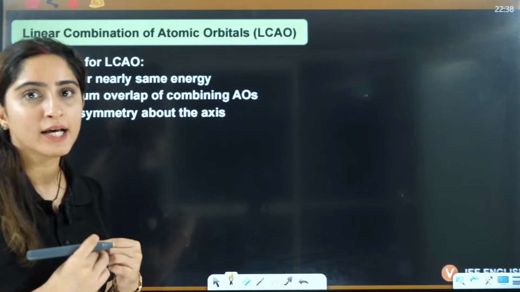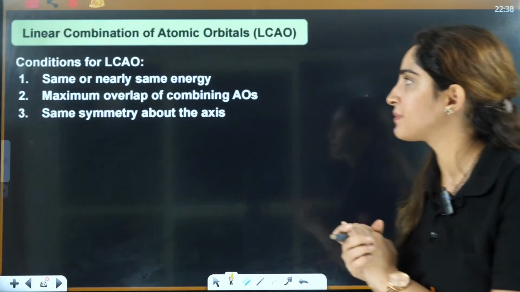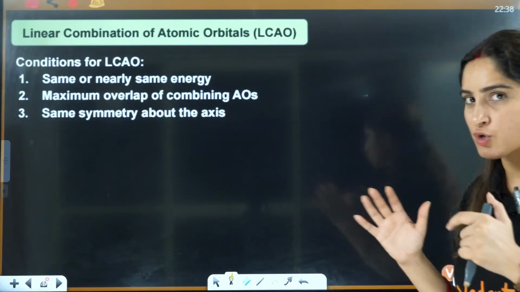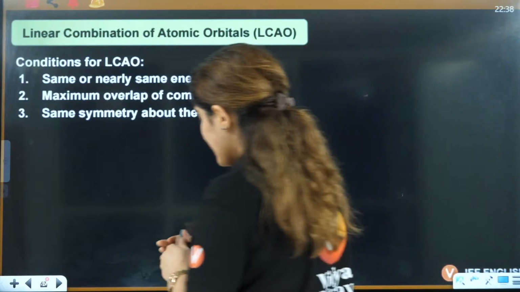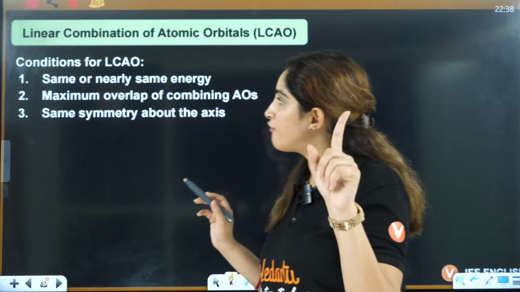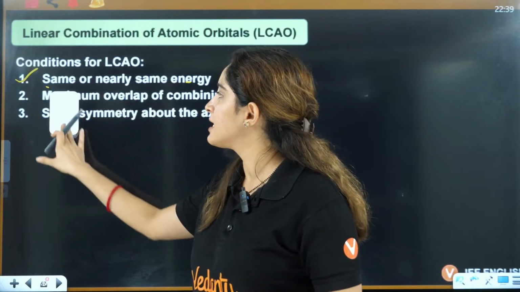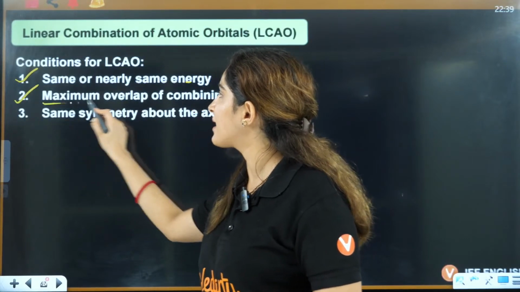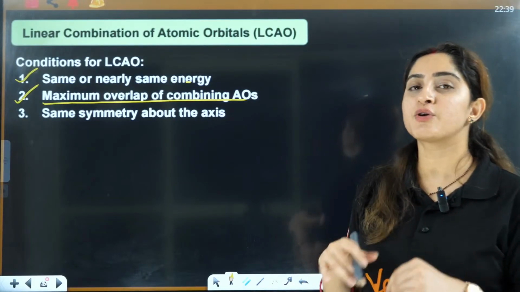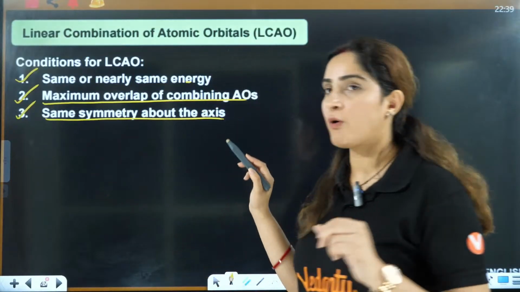Now, how does this happen? Linear combination of atomic orbitals has 3 conditions. First is same or nearly same energy. Second is maximum overlap of combining atomic orbitals. Third is same symmetry about the axis.